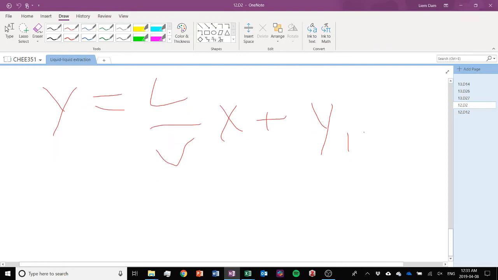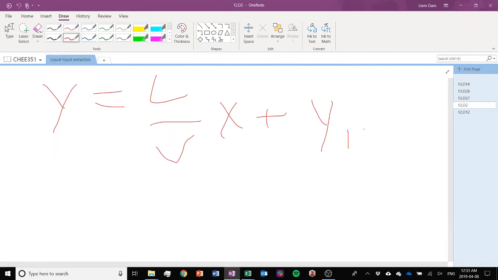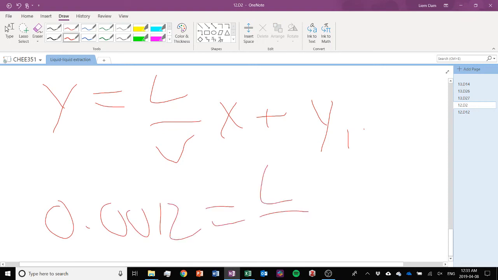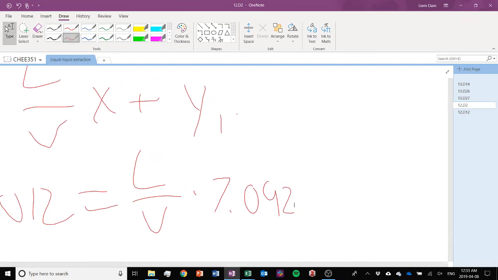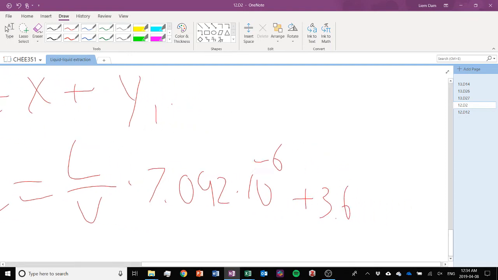So let's start. 0.0012 is equal to L over V times 7.092 times 10 to the minus 6 plus 3.6 times 10 to the minus 5.